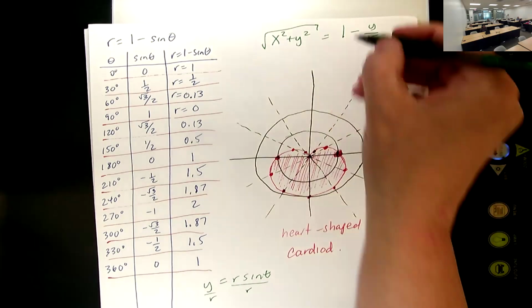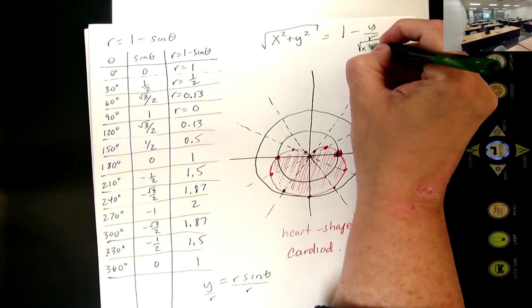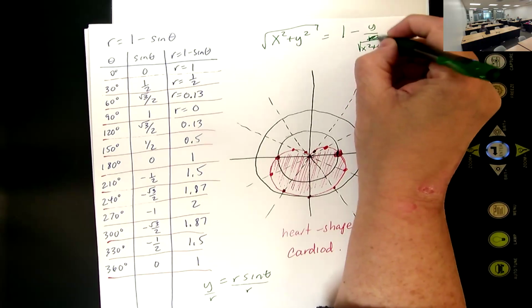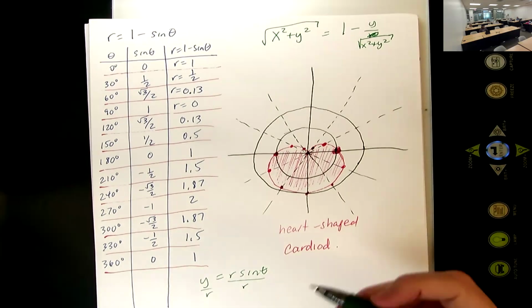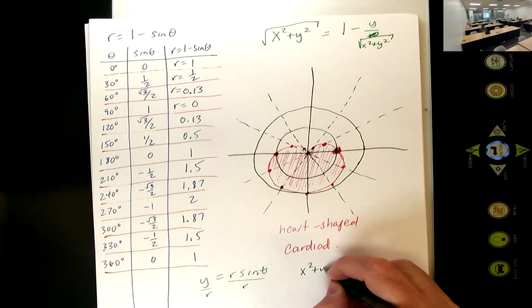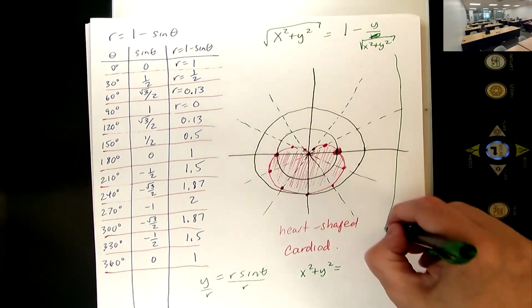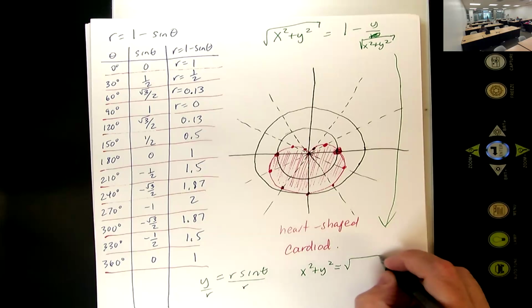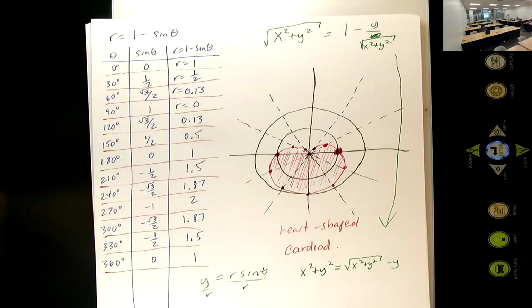But r is the square root of x squared plus y squared. So if I were to clear fractions, on the left I would get x squared plus y squared. On the right I would get the square root of x squared plus y squared, minus y.